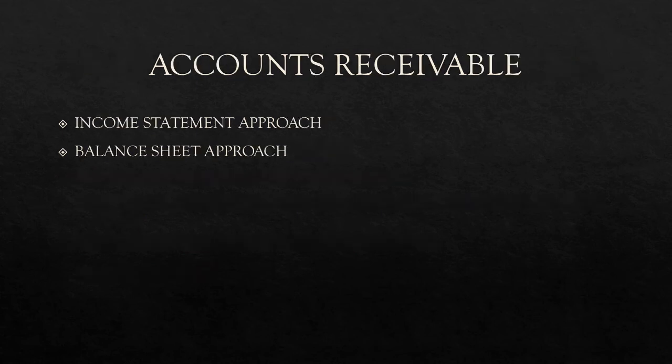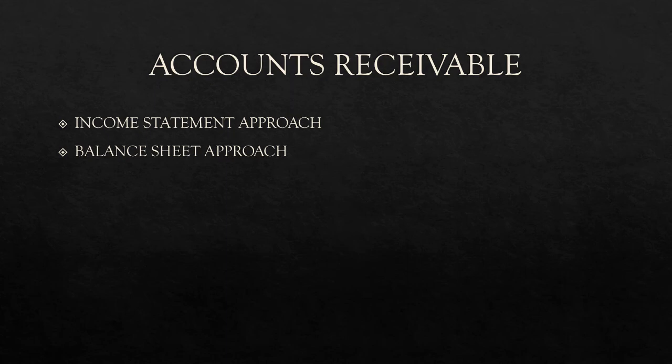Okay, you can probably expect to see 4 to 5 questions on accounts receivable. I will ask you to solve problems using the income statement approach and using the balance sheet approach. So remember, what we're really talking about here is under the income statement approach, whatever the expenses that we calculate. So if I say that the expense is 3% of net sales and you have $1 million worth of sales, then the expense is going to be $30,000.